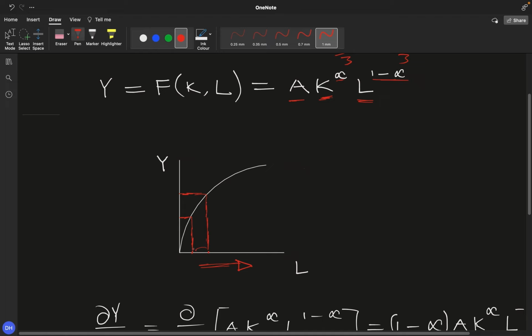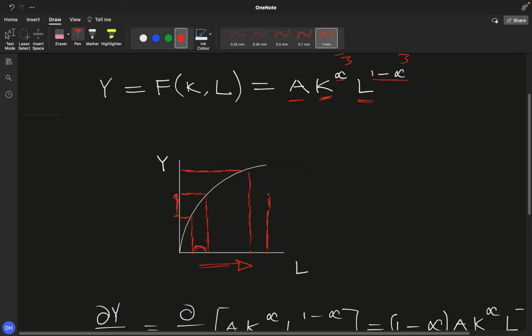If you go from 1 unit of labour to 2, you can see the output jumps up by quite a lot. But over here, if you go from 5 workers to 6 workers, right, I appreciate that these lines aren't very well drawn.